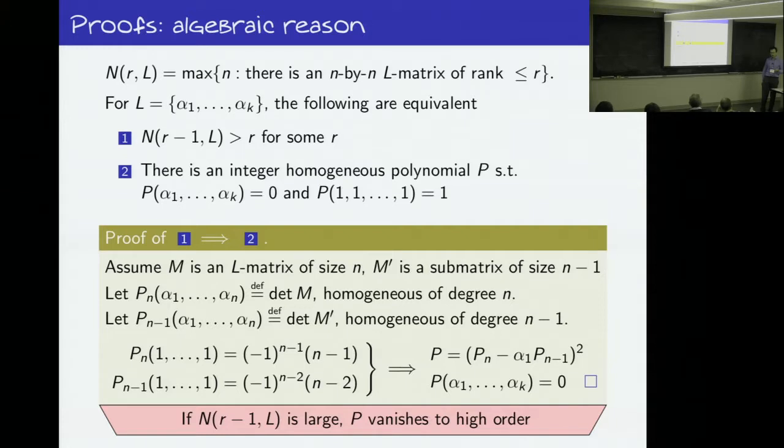But remember in the statement, I didn't say that I can find a polynomial vanishing to high order. I promised you I'll find a linear polynomial, which is a different thing altogether. So the next result, which I think is probably the nicest part of this work, is a way to go from this high order vanishing to a linear polynomial vanishing at a point.